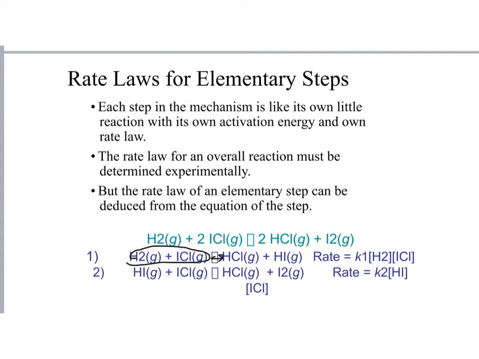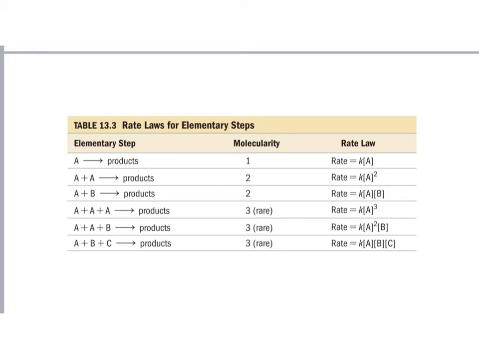But in the second step, the rate is only dependent on HI, because ICl is already there and HI has just formed. And so it's only going to depend on how much of that is formed.